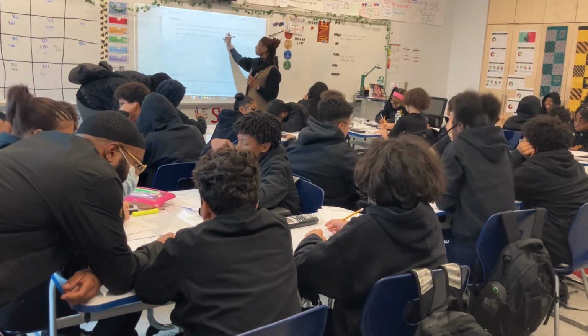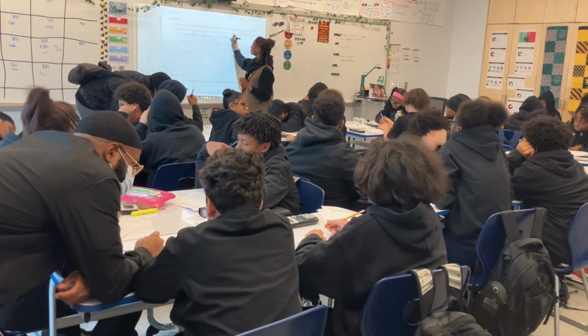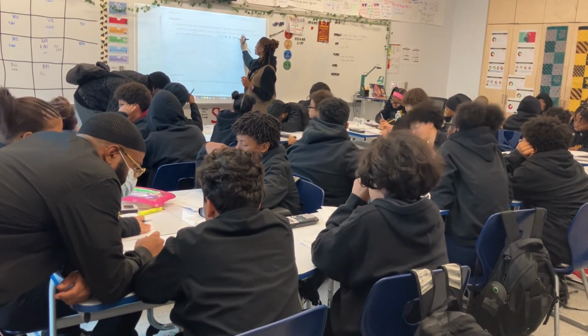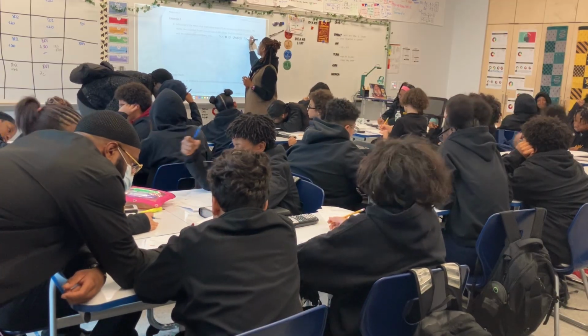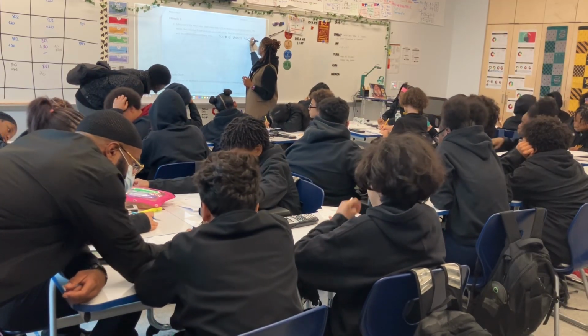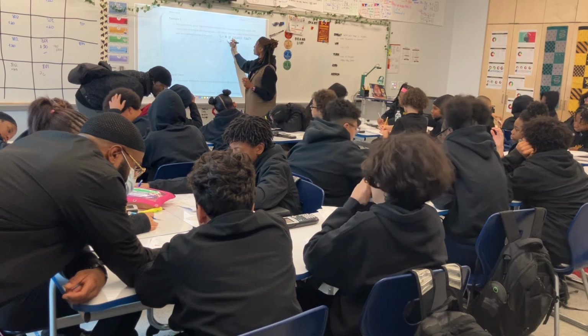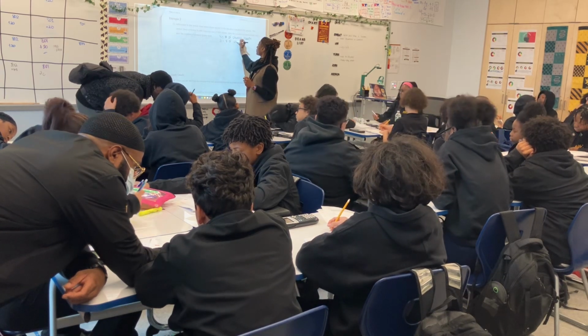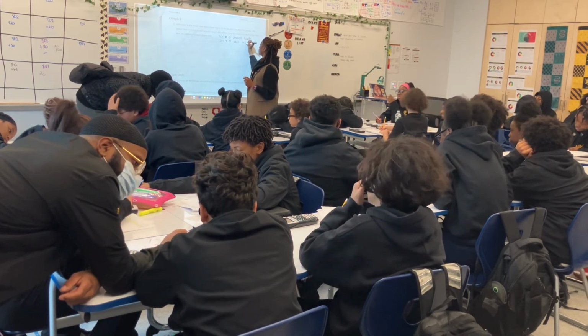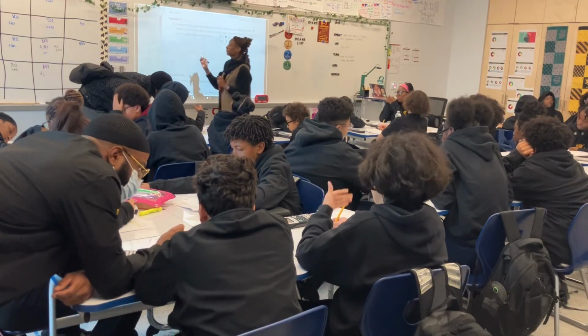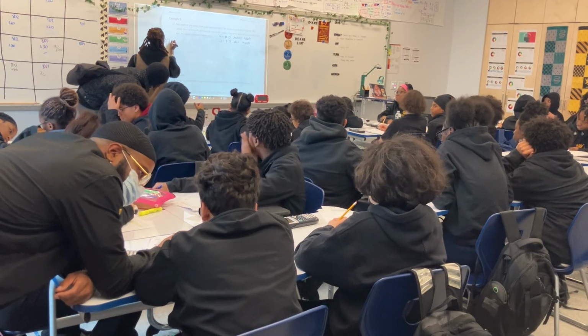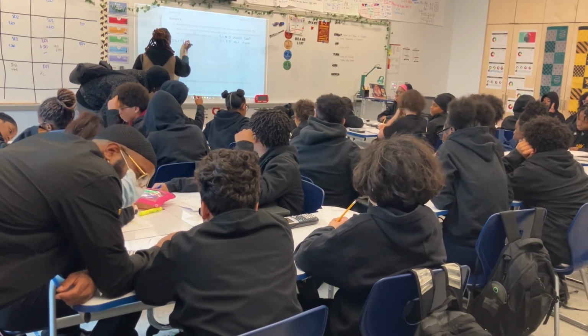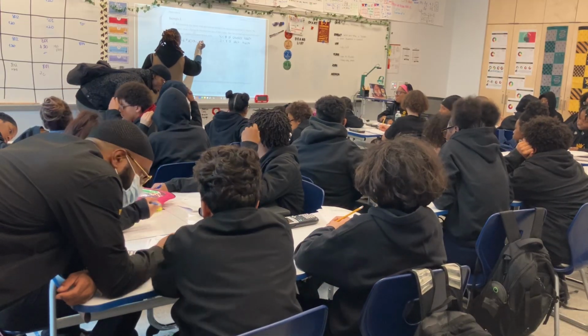S is for the student tickets, and A is for the adult tickets. My equation is $3.75 S plus $4.50 A equals 1,680.